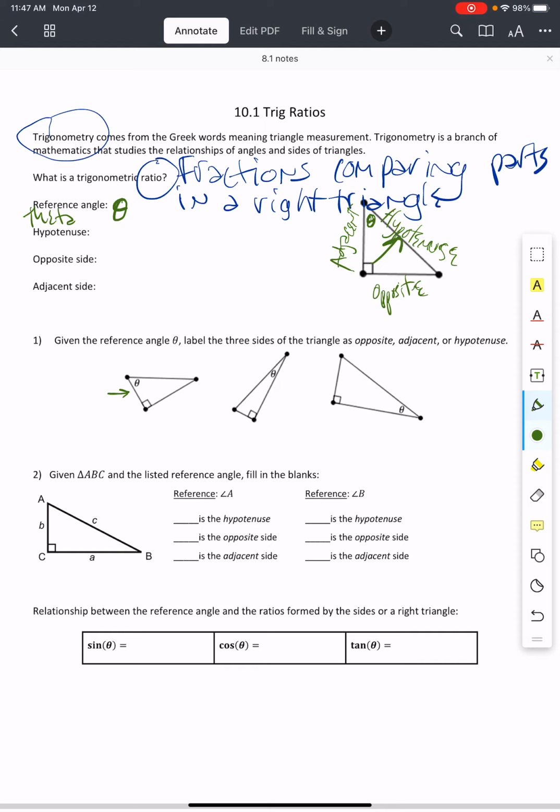Why isn't it hypotenuse? I think it's easier to label them if you label your hypotenuse first and get it out of the way. Does that make sense? Okay, so then that leaves this one as our opposite side. Try the next two. You don't have to write out the whole words. You can write just HOA, the three letters that I have. Try the next two.